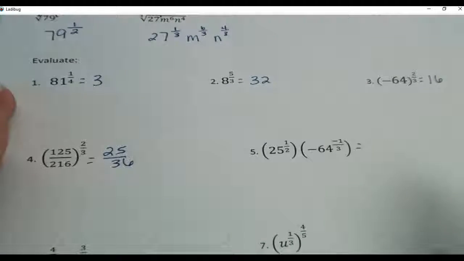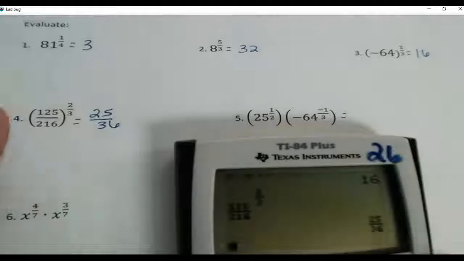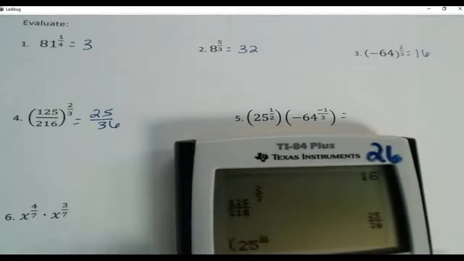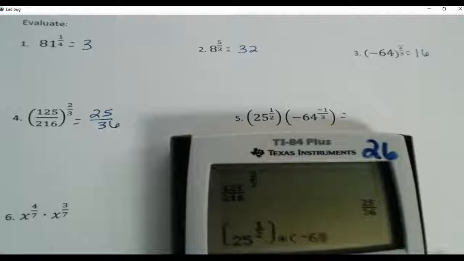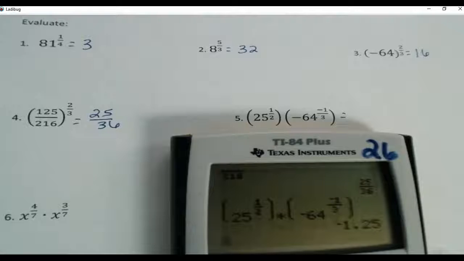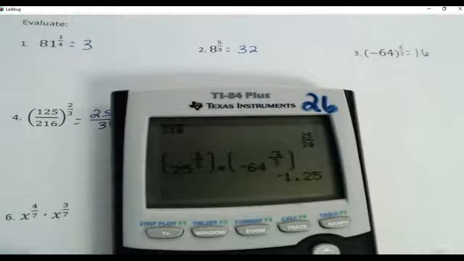And then 5, again, we're just typing it right on in. So 25 to the 1/2 times negative 64 to the negative 1/3, which gives a decimal.